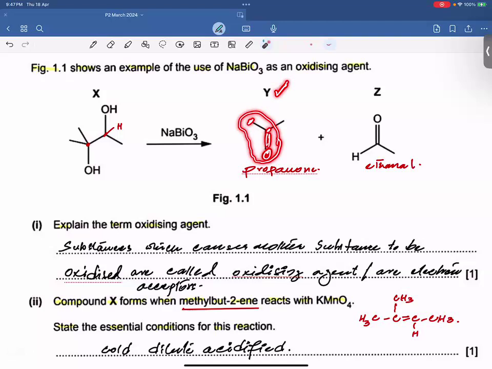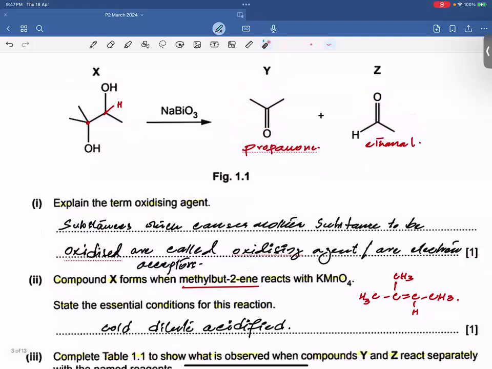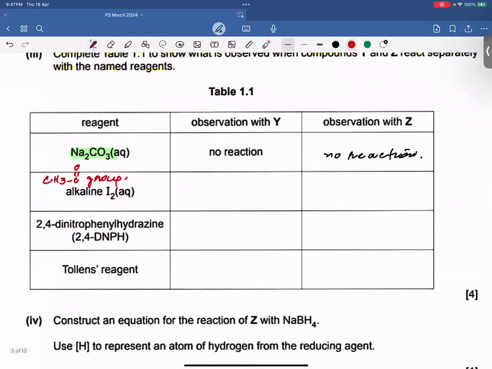That will give you a yellow precipitate. Similarly, this is CH3, this is C, this is double bond oxygen. So this compound also contains the CH3CO group, which means it can also give a positive iodoform test. That means it will give you a yellow precipitate. So both Y and Z will give yellow precipitates because both compounds contain the CH3CO group.